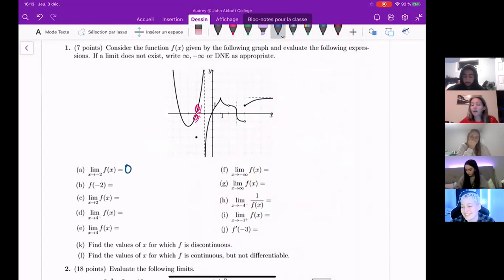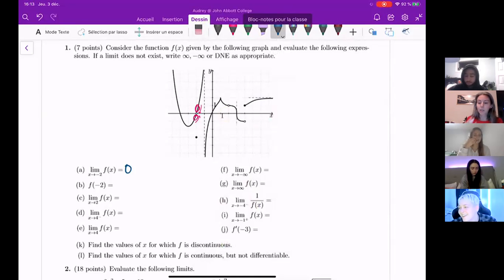Is f of -2 also 0? No. What is f of -2 here? Yeah, -3. So it actually does exist.